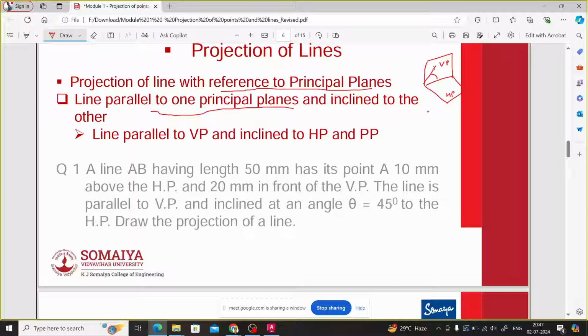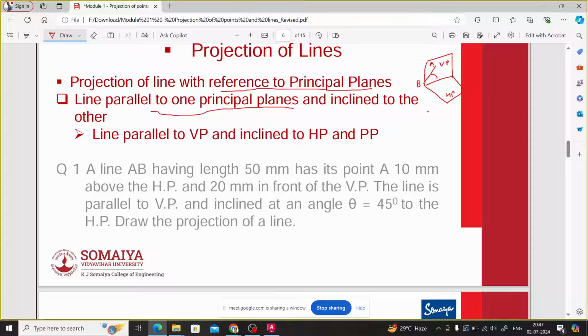Now let us understand what it means for the line to be parallel. Suppose this point is A and this point is B. When the line is parallel to one particular plane, the distance of A and B will be the same from that plane. This is the necessary condition.